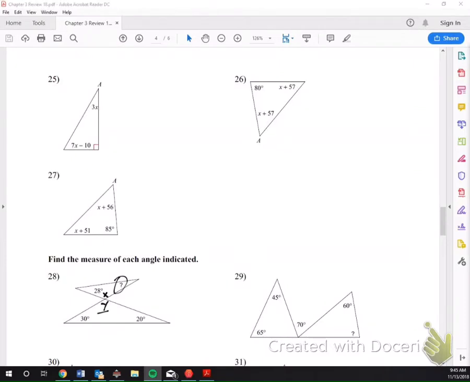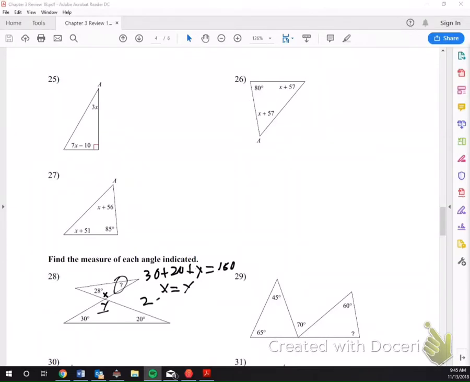Okay, so we're going to start off with 30 plus 20 plus Y equals 180 degrees. We also know that because X and Y are vertical angles, they're congruent, which means their measures are equal.